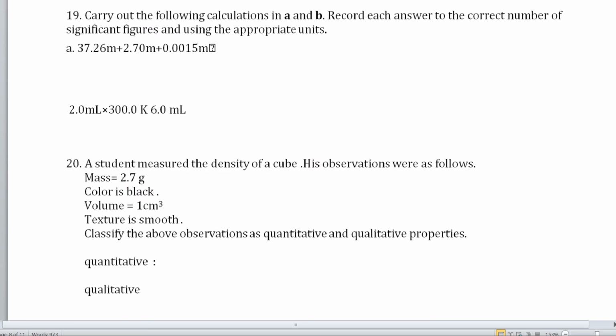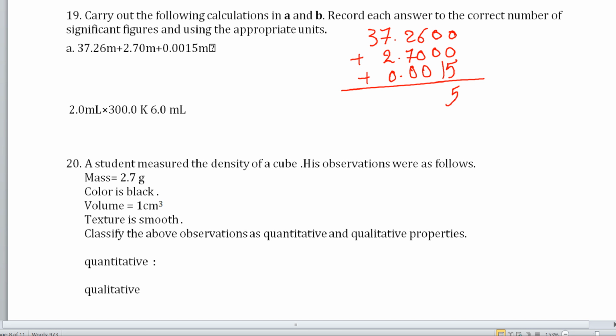Carry out the following calculations in A and B and record your answer to the correct number of significant figures using the appropriate units. As we explained before, when you make the operation, you should make sure that all the numbers given are to the same number of decimal places, then you can do the operation safely.